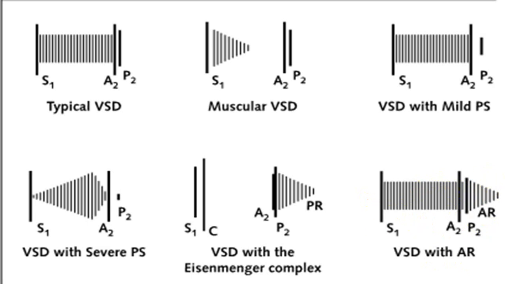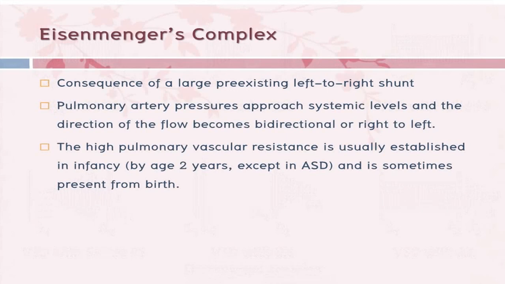So these are the different murmurs you can see depending upon what stage you are auscultating. I have already mentioned Eisenmenger complex, reversal of the shunt. Now blood will flow from RV into LV. You will have a bidirectional shunt, cyanosis, hypoxia, clubbing, and paradoxical embolization will be quite common.